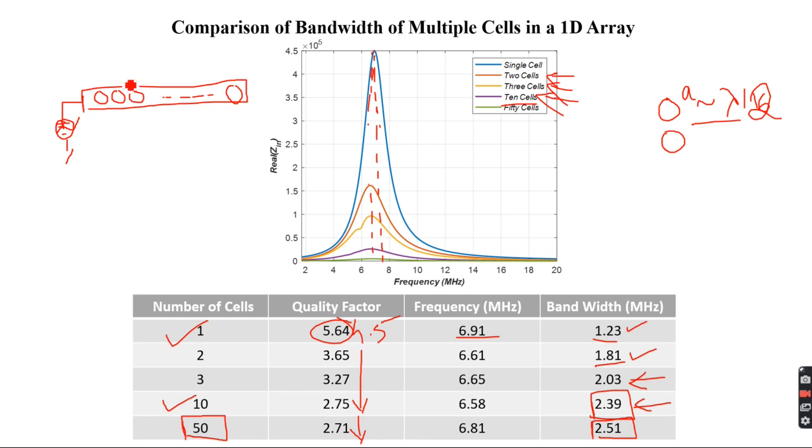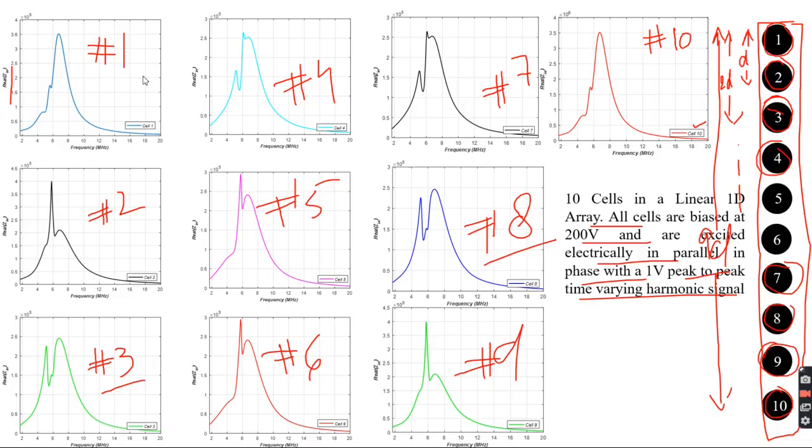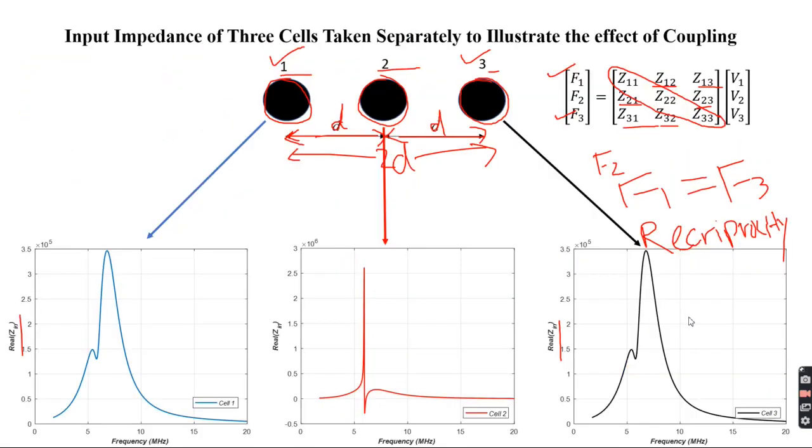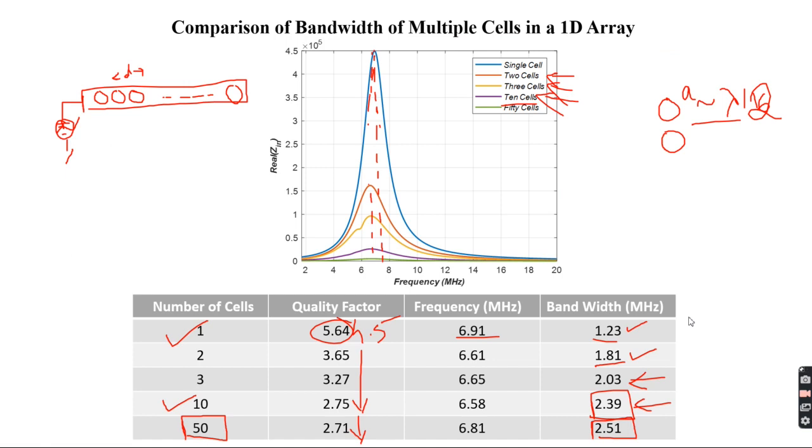But if you tend to increase the pitch, the distance between the neighboring cells, then this effect tends to vanish. Okay, because this is an oscillatory function, if you recall, right? But if the distance is increasing, kD increases, then this is not much. It's not going to affect much. Also, it depends on the size of the cells. If the cells are small, then it's going to be affected more.